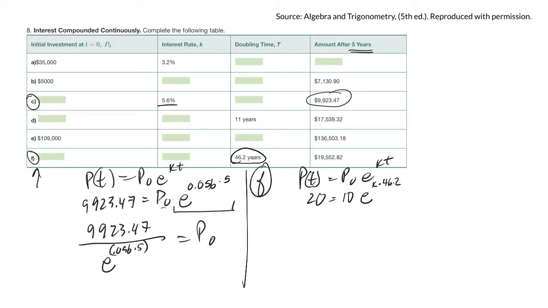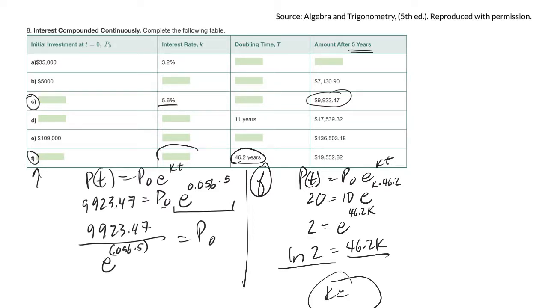Same thing, divide both sides by 10, so I'll get 2 is equal to e to the 46.2k. So the ln of 2 is equal to 46.2k. Divide both sides. And you'll come up with a k value, and that'll be this number.